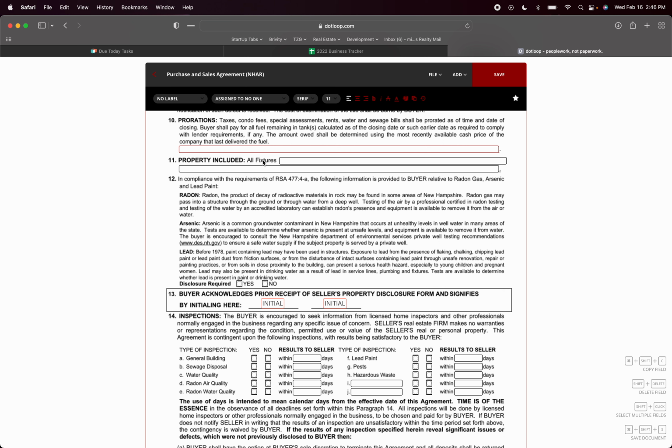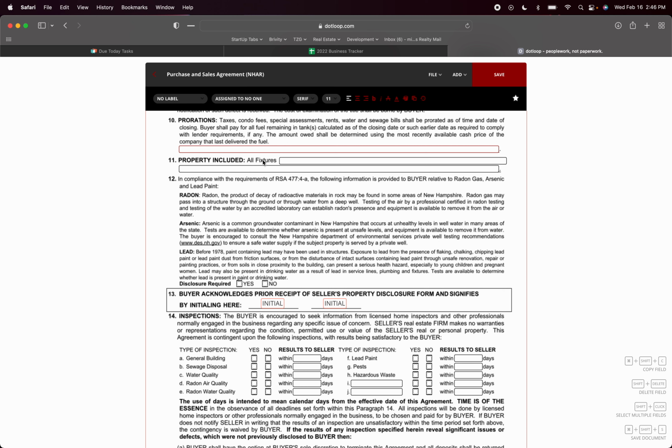Similarly, one of the most hot button topics that we've seen many, many times is sheds. It's really a gray area. A shed on a property could be considered a fixture, a structure on the property, or personal property.